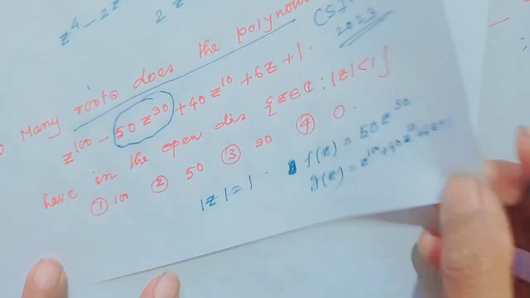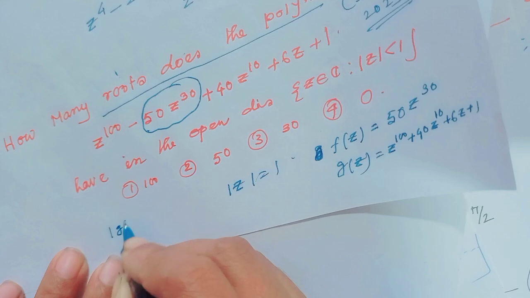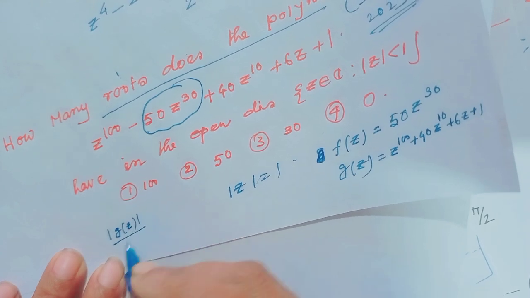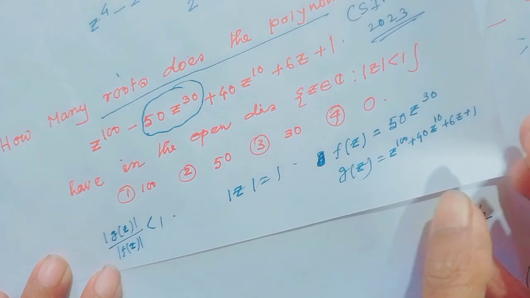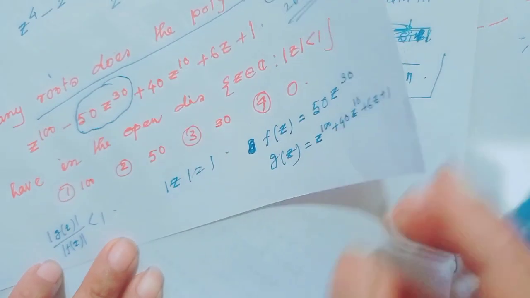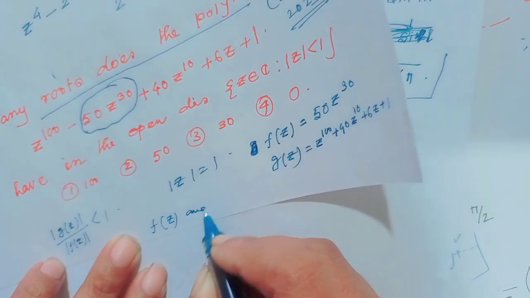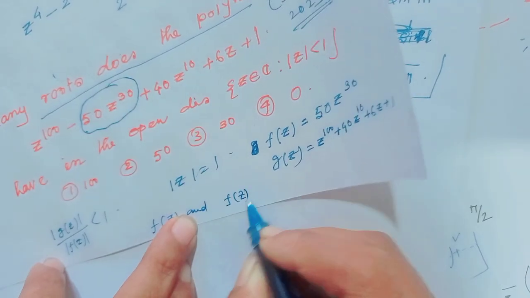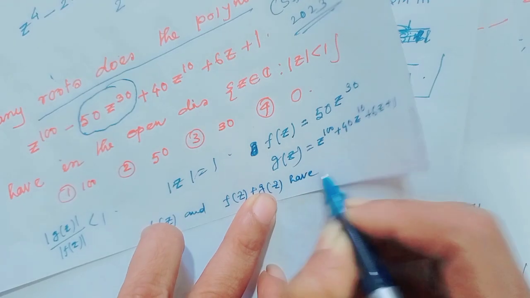And notice mod g(z) over mod f(z), this value is less than 1. Therefore, by Rouche's theorem we can tell f(z) and f(z) plus g(z) have the same number of zeros.